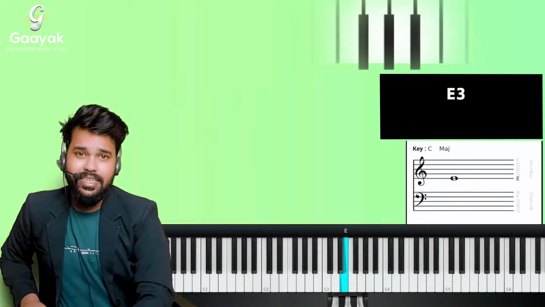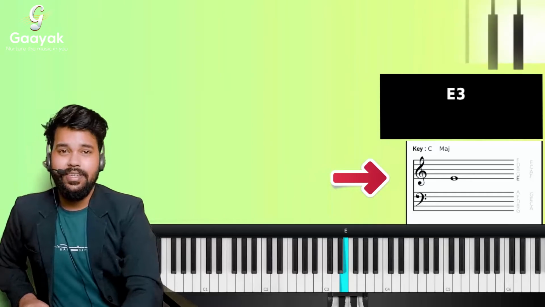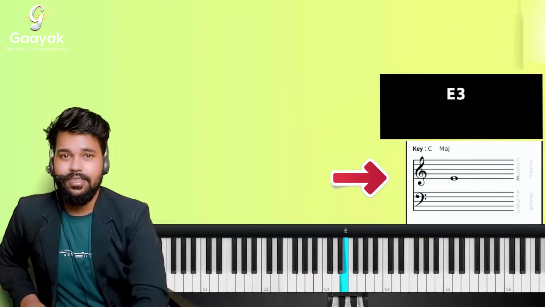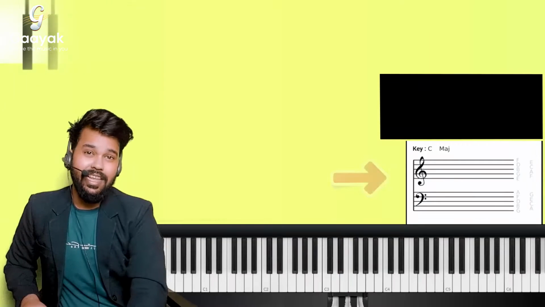Any note that falls on the first line of your treble clef is called an E note. Any note that falls on the second line of your treble clef is called the G note.